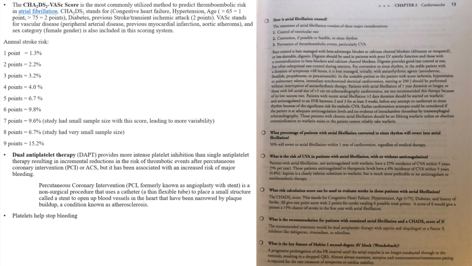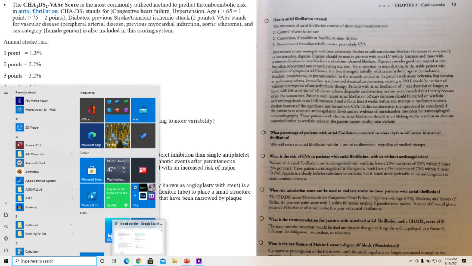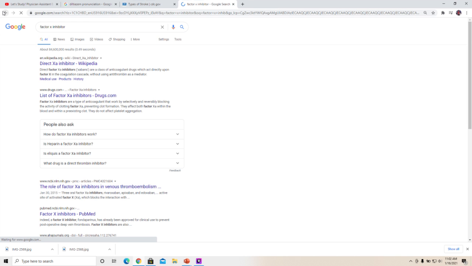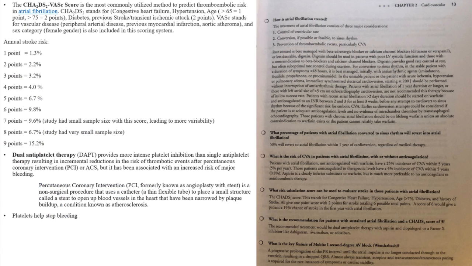And clopidogrel, guessing that's another anticoagulant or a factor X inhibitor, like dabigatran, rivaroxaban, or edoxaban. They all end with ban and tran. Okay. So what's a factor X inhibitor? So it's another anticoagulant, obviously.